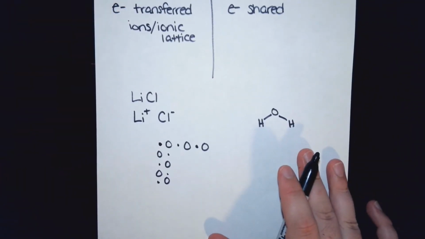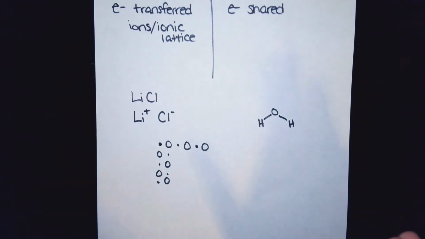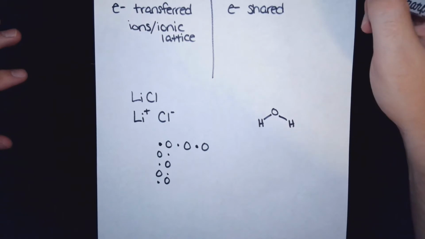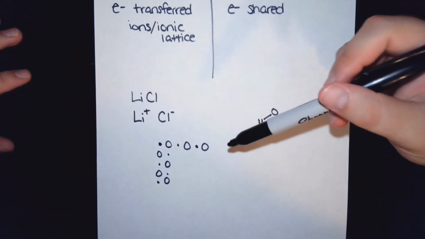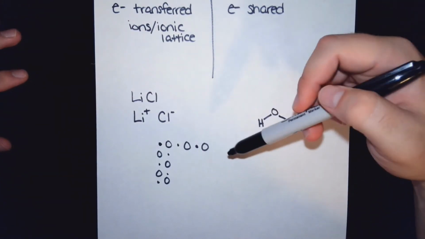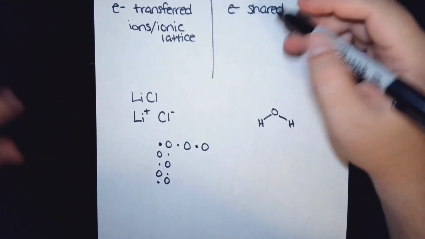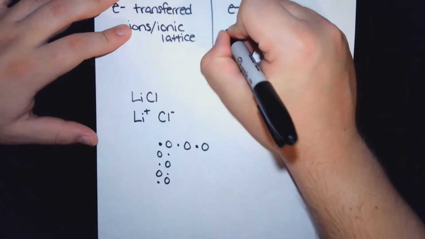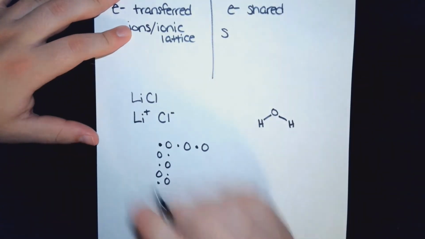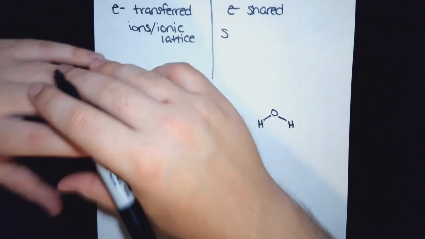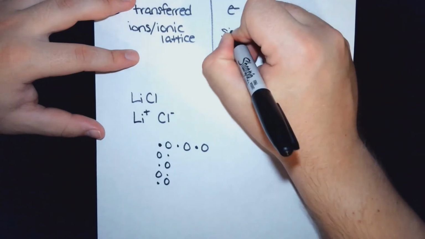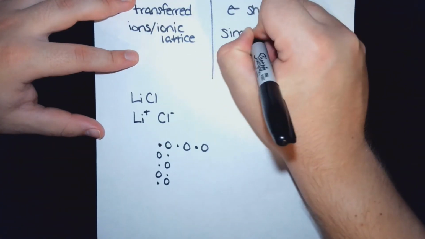So it's an ordered, repeating, sequential solid formed from these ions. And the ions have a tendency to form this type of lattice. Whereas covalent molecules tend to form as single molecules.